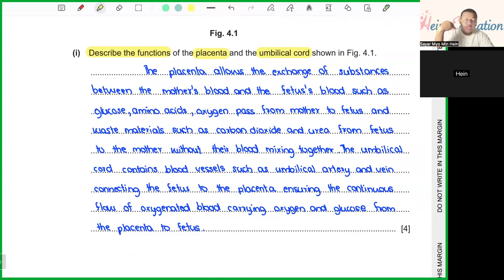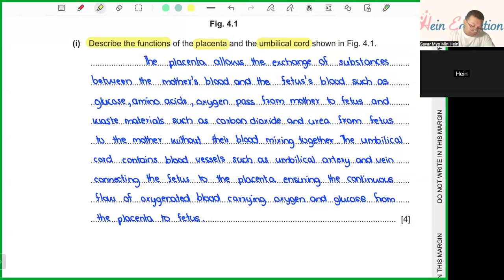And the umbilical cord contains blood vessels such as the umbilical artery and umbilical vein, which connect the fetus to the placenta, ensuring the continuous flow of oxygenated blood carrying oxygen and glucose from the placenta to the fetus, and also removing waste substances such as carbon dioxide and urea. So make sure you include both the placenta and the umbilical cord.